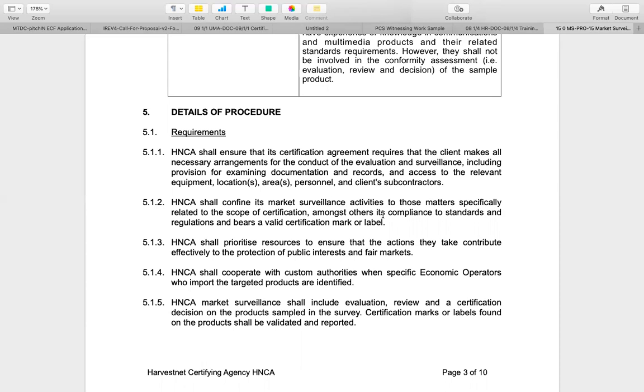So when we do market surveillance here, we shall confine our surveillance activities to those matters specifically related to the scope of certification. Among others, it's complying to standard regulations, and whether they have got a certification mark or label on them.